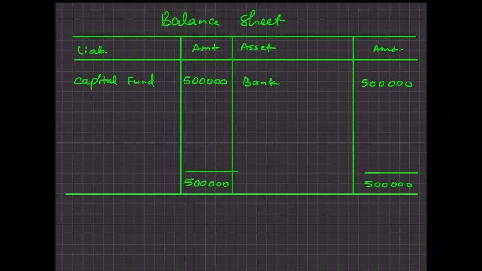Now, if I say that I am a sports center, or I would say sports club, that wants to purchase some sports equipment for their sports club, how are they going to purchase? Basically, they are asking their members to contribute to their fund.